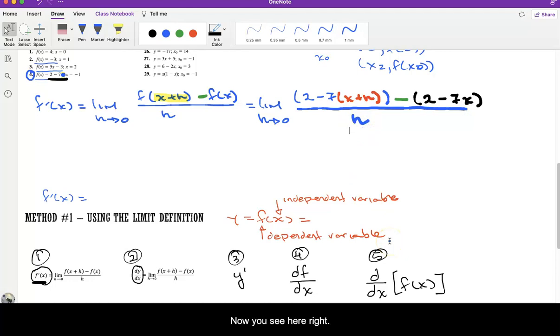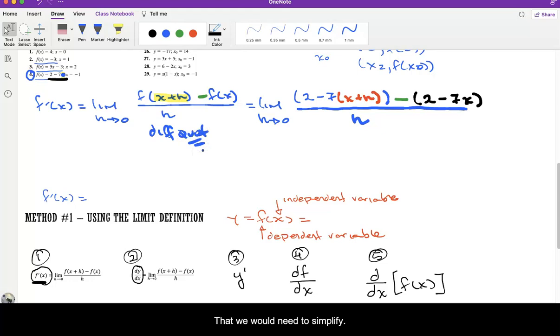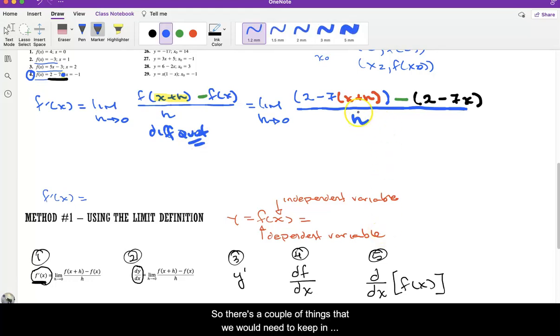And now you see here, this quantity is, as we said before, called the difference quotient that we would need to simplify. So there's a couple of things that we would need to keep in mind. We still need to write the limit as h approaches 0.